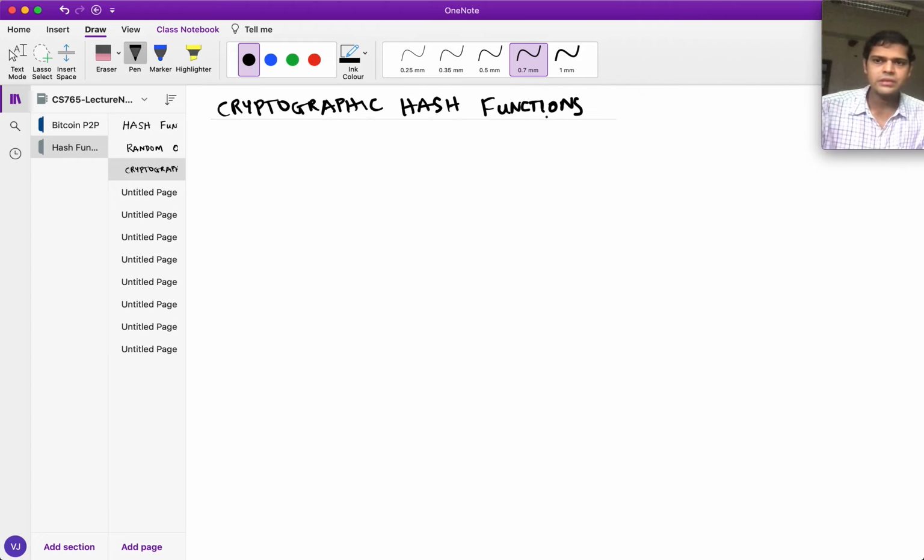These of course have the same properties which we studied earlier of basic hash functions: input of any length, output of fixed size, and efficient computation. But they usually have additional properties. We want these additional properties.